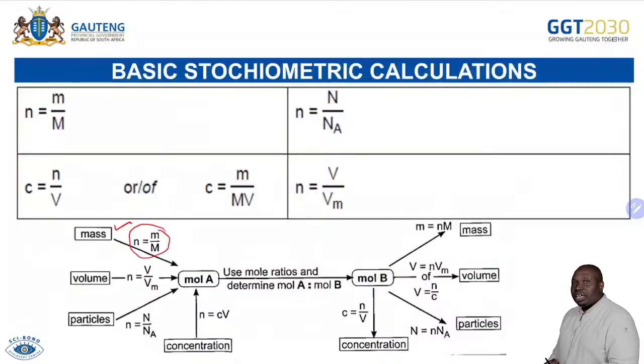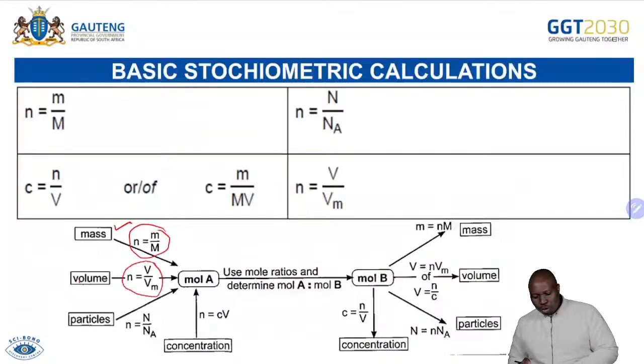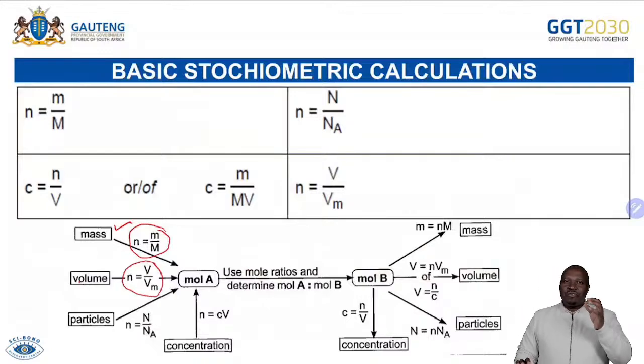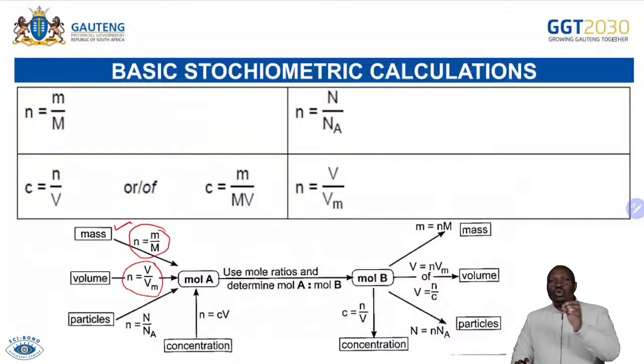If you are given volume under standard conditions, STP, standard temperature and pressure, which in this case the temperature of 0 degrees Celsius and pressure of 101.3 kilopascals, you must be able to utilize that formula of n equals V over Vm. And then you are able to use the molar volume of 22.4.